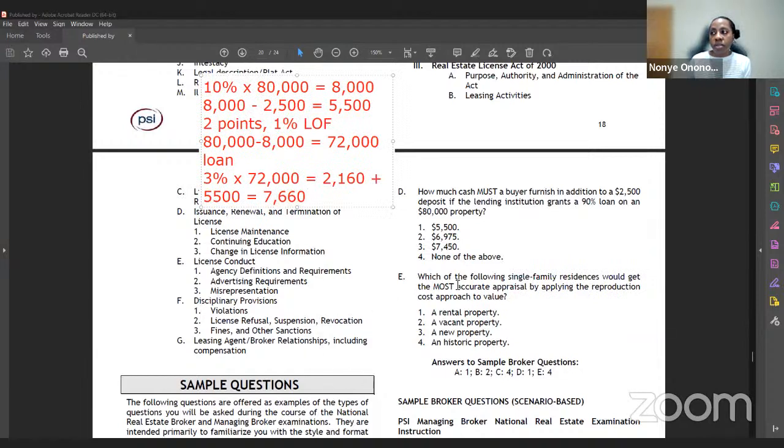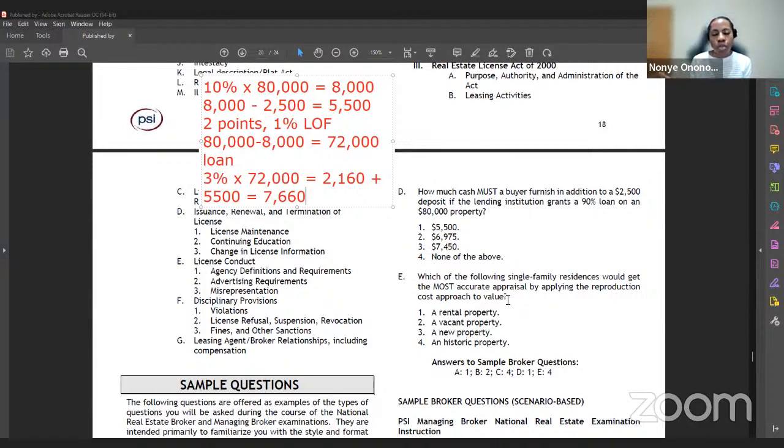And then final question. Which of the following single family residences would get the most accurate appraisal by applying the reproduction cost approach to value? Okay, so reproduction costs. So when you think about the cost approach, we're thinking about properties that don't have a lot of comparables. So we want to figure out how much is it going to cost us to build it from scratch.